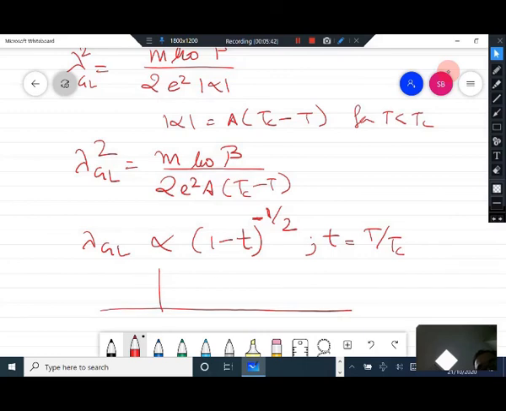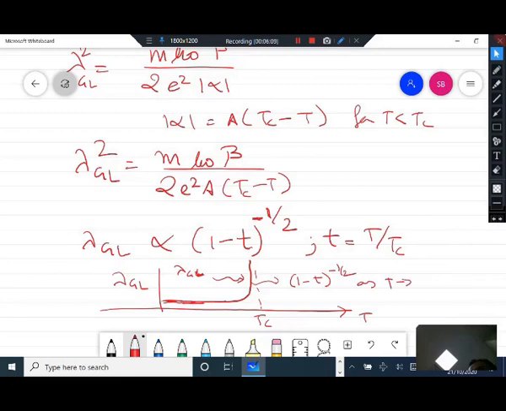So if you are looking at the behavior of lambda GL as a function of temperature, and this is your Tc, it is going to be a constant value, and then as you approach the superconducting transition, lambda GL diverges, and this divergence goes as 1 minus t raised to minus half as T tends to Tc.